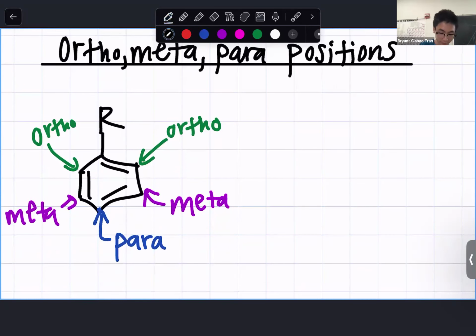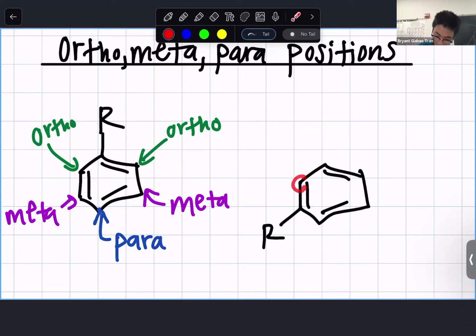Right. So these carbons here, the way I drew the benzene ring, are not always the ortho, meta, and para positions. Sometimes people say this is the ortho position still, this is the meta position still, and this is the para position still. But that's not the case because ortho, meta, para are relative positions, relative to the substituent here, right?